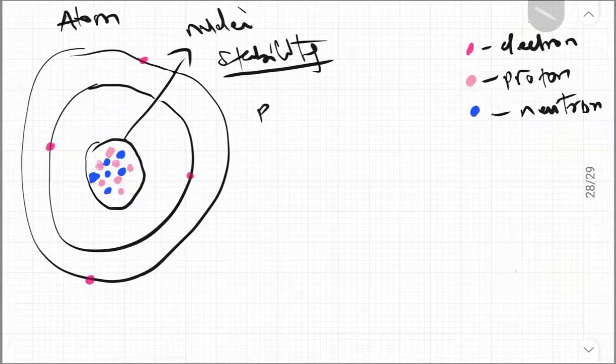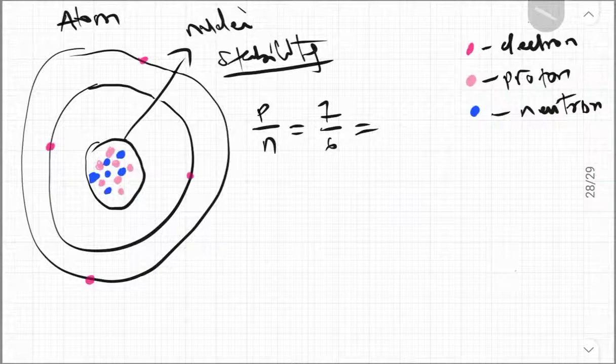So the proton neutron ratio will now be 7 over 6. Let me get out the calculator. Okay, 7 divided by 6. We have 1.16, and that is approximately 1.2.